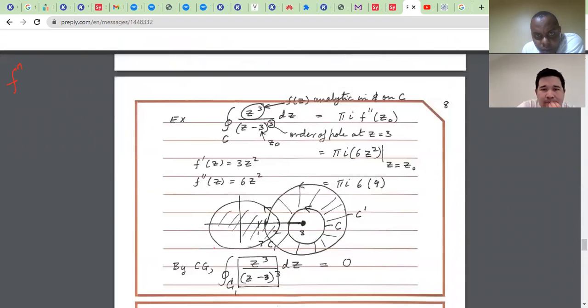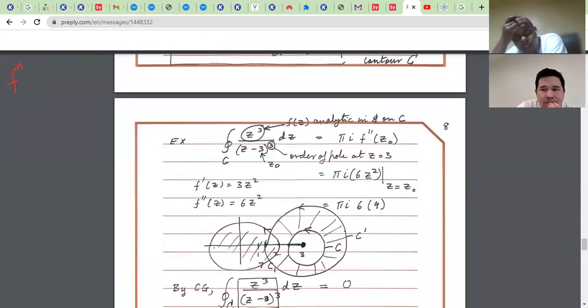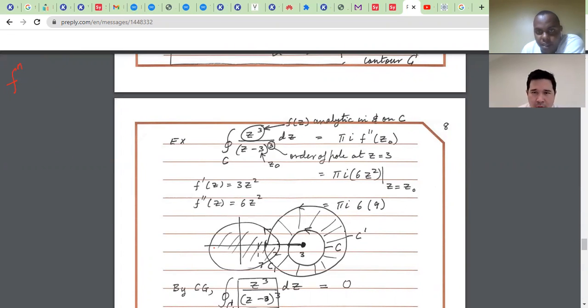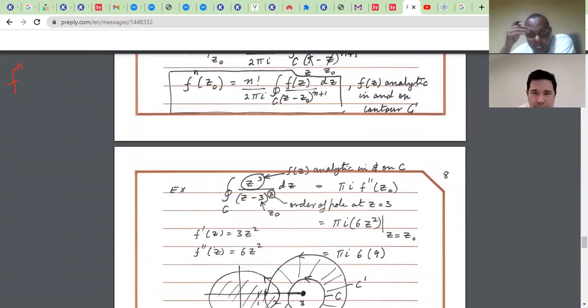So he has given us that contour integral. The function above there is analytic on C. I lost his idea.